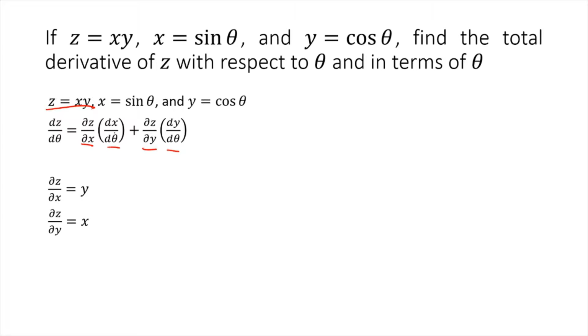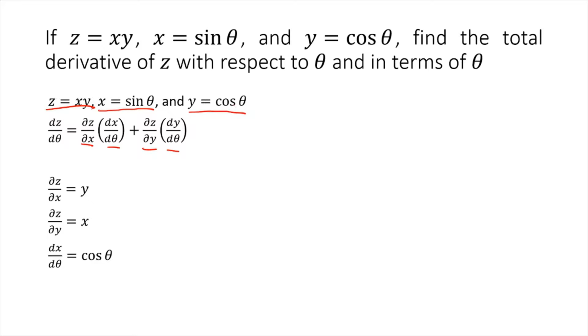And then for dx/d theta, let's look at this equation. Take the derivative of x with respect to theta. The derivative of sine theta with respect to theta is cosine theta. And then lastly, for dy/d theta, find the derivative of y with respect to theta.